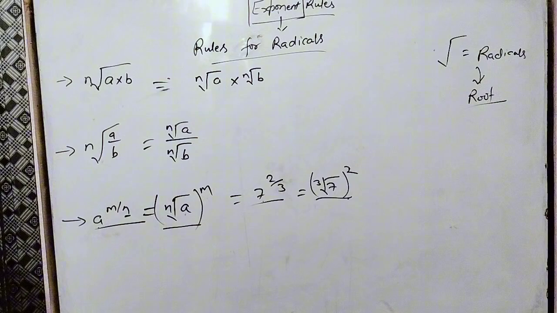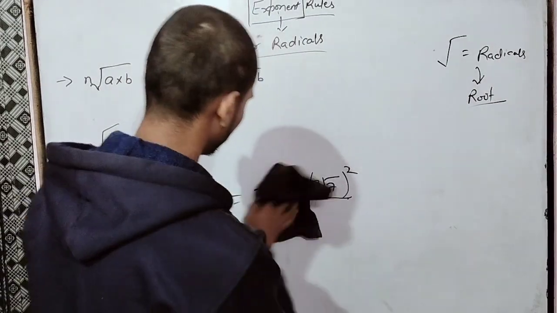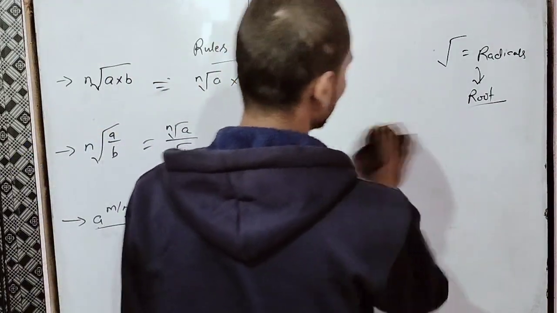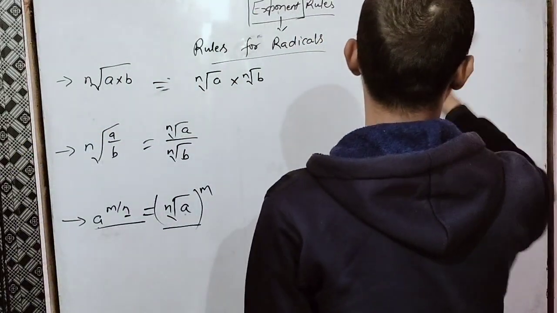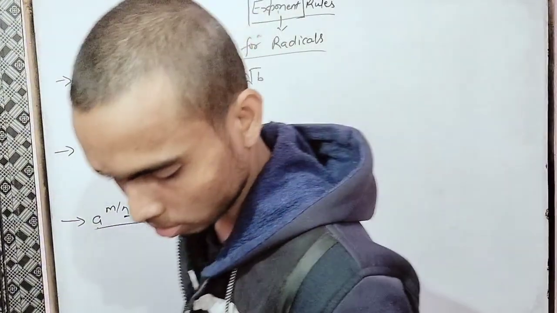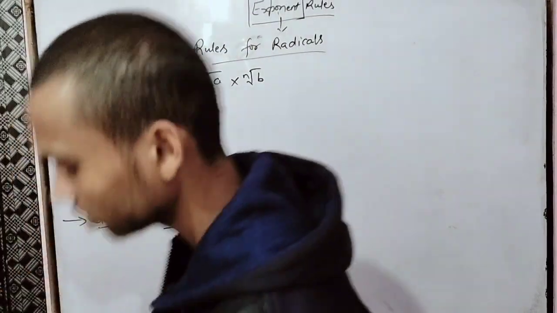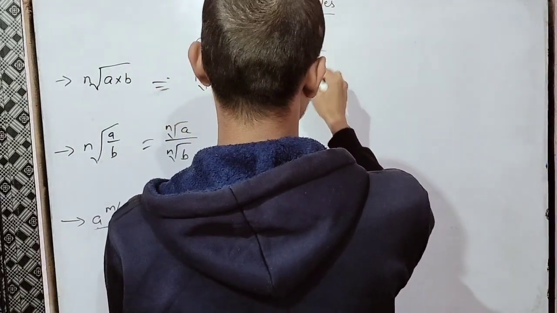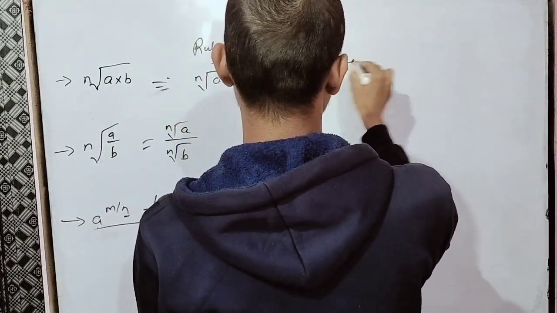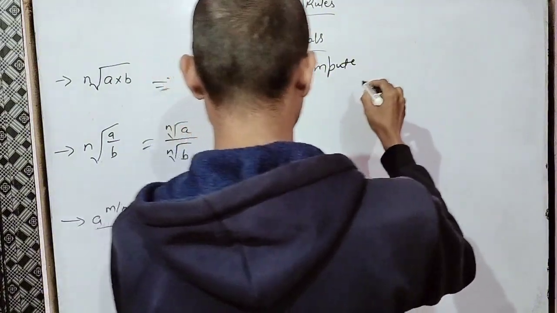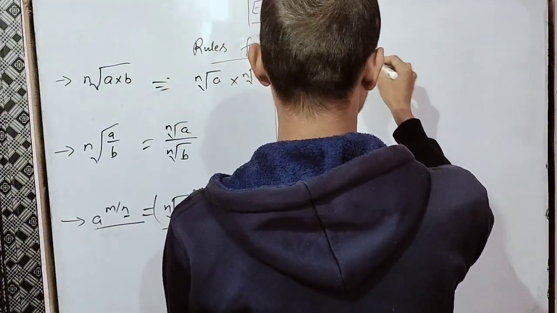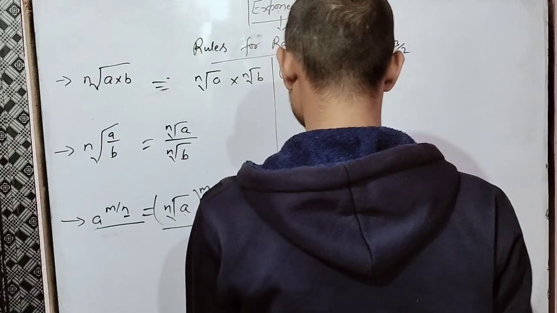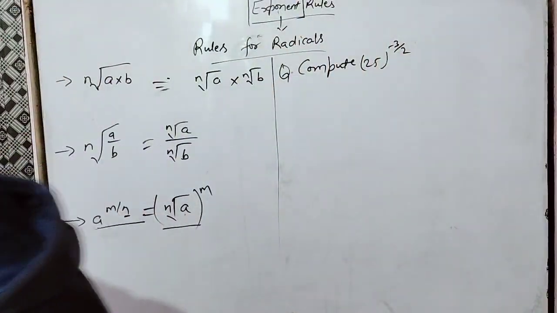We have a question. Which is what? Compute 25 divided.